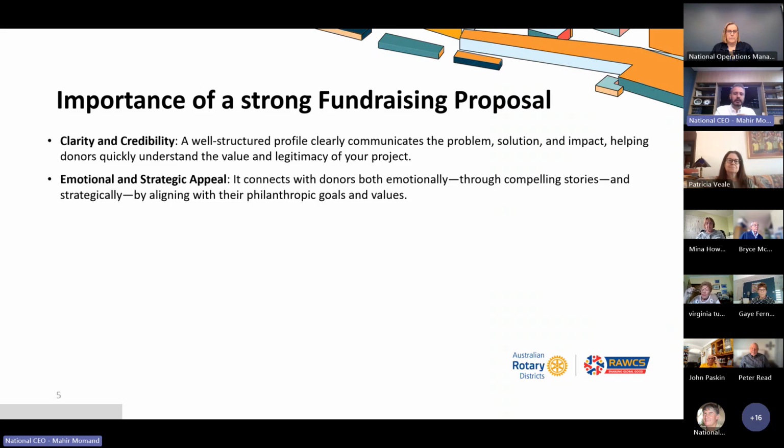The second thing that is important to highlight in any fundraising proposal is that you need to have an emotional and strategic appeal. Humans connect with emotions, and donors are no exception. If you have stories of humans, or let's say if you're working with environment or if you're working with animals, stories of compassion and emotion actually connect much deeper compared to just having a high level understanding of what your project impacts may be.